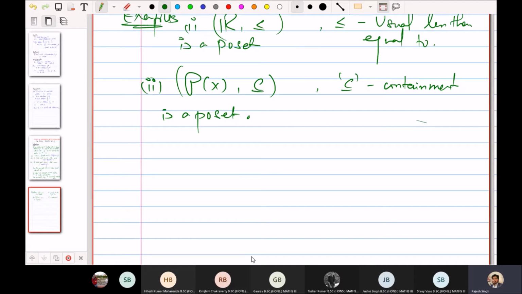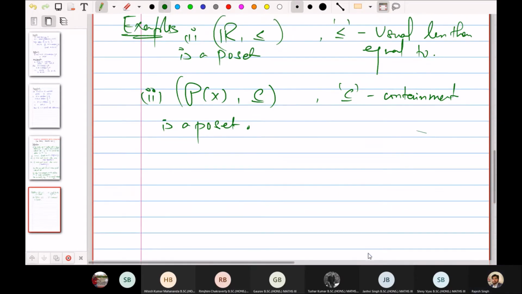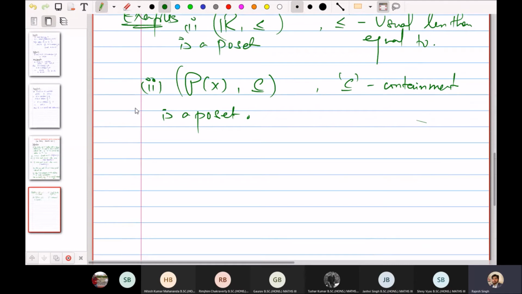Yes, reply करो बेटा, yes or no. और कौन सा भी, जैसे R comma divide.